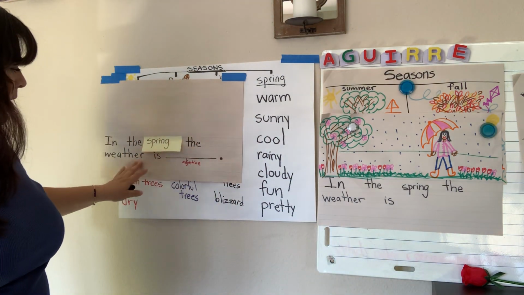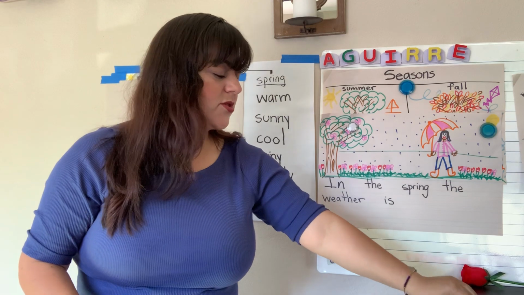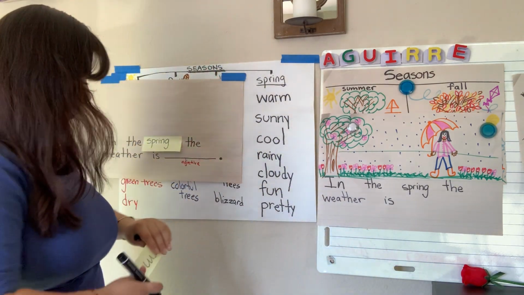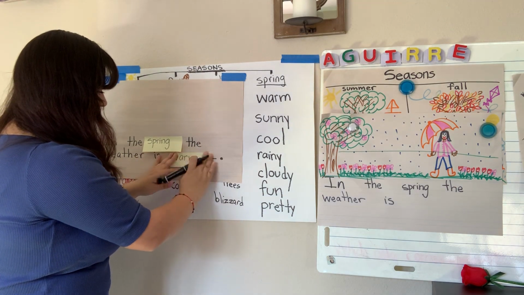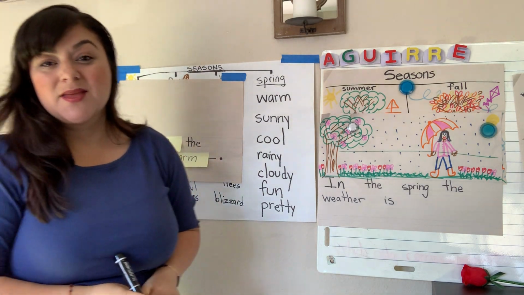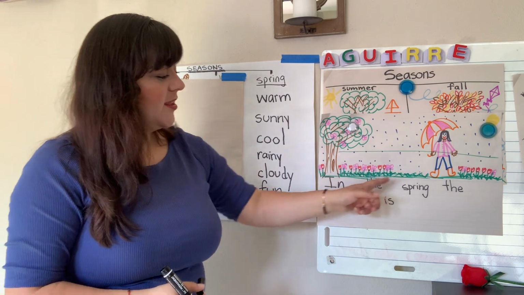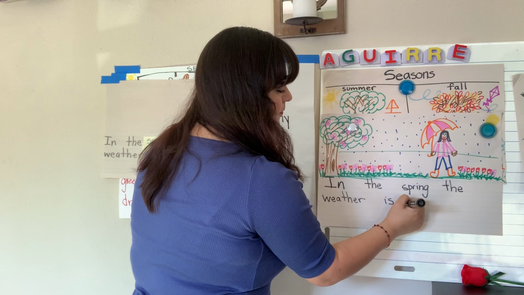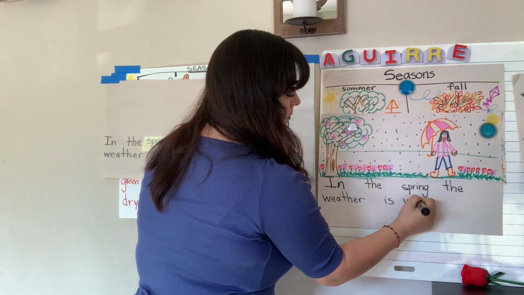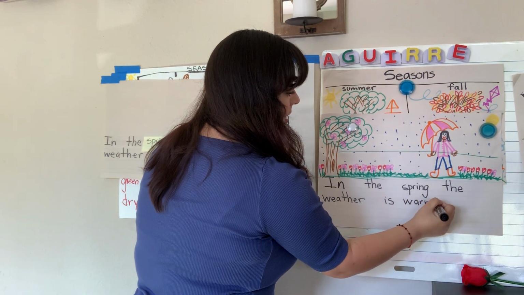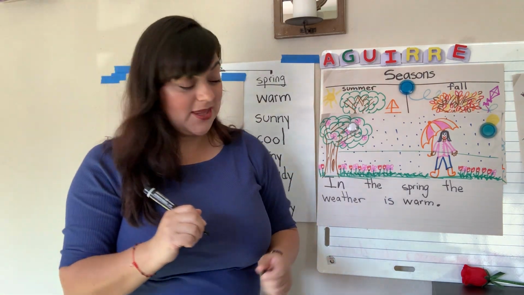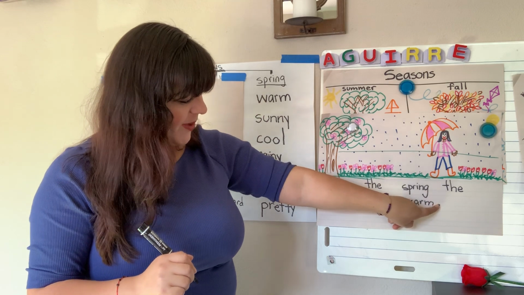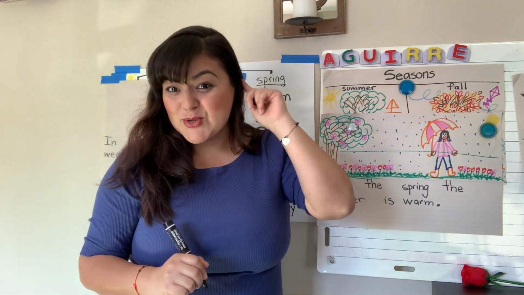In the spring, the weather is, I think I want to use the word warm today. So I'm going to pull it out and write it on my sentence. The weather is warm. In the spring, the weather is warm. Period. Remember, start with a capital, leave some spaces, put a period, and use your sounds.